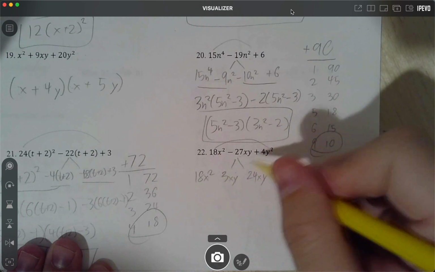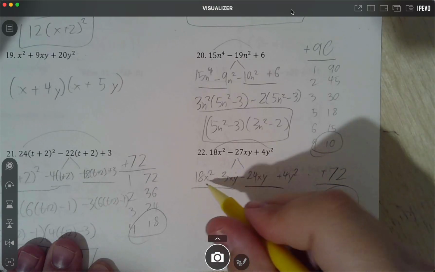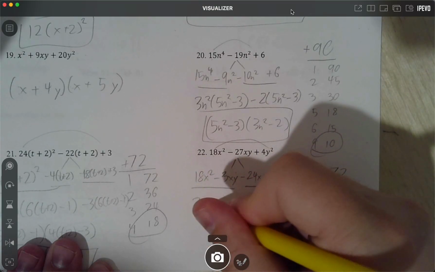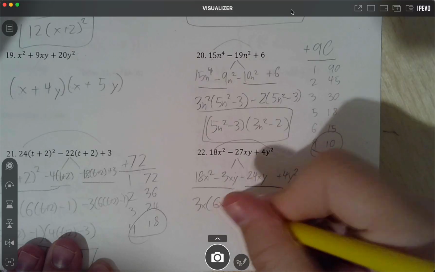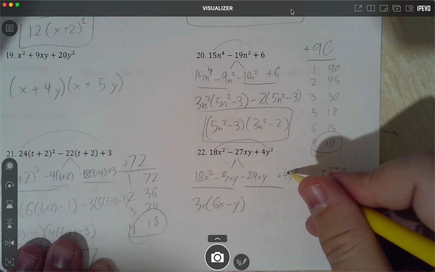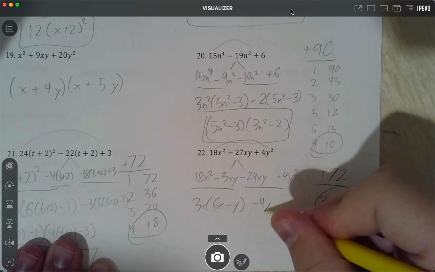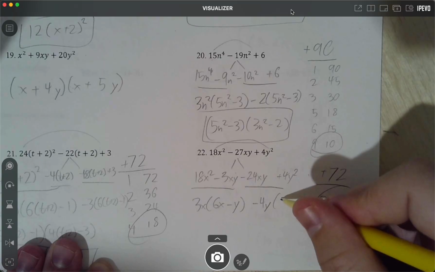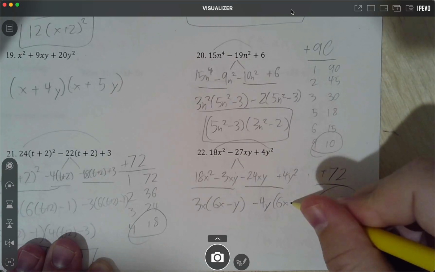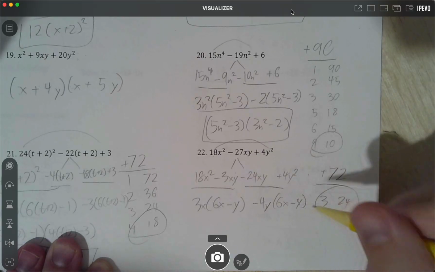Now, both of these need to be negative, and let's see what happens. In the first two, they share a 3x. We're left with 6x. We're left with negative y. How do I make a match? I take out a negative 4y, and that would leave me with 6x minus a single y.